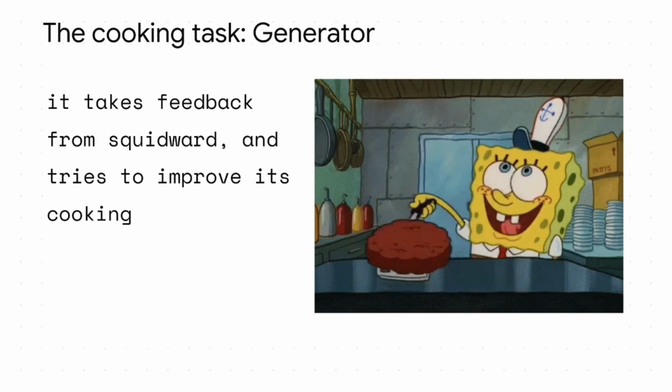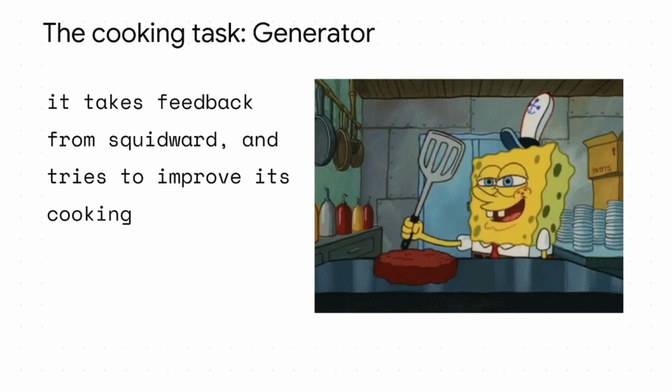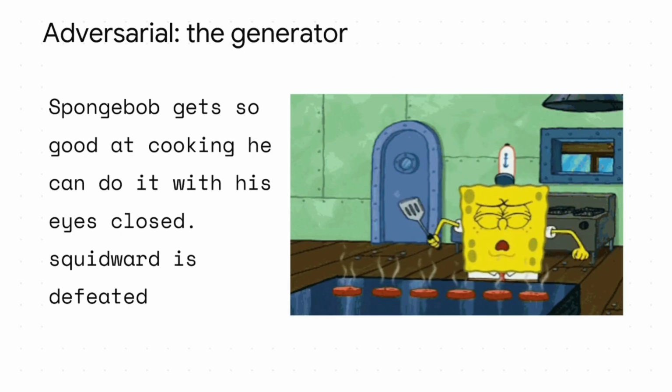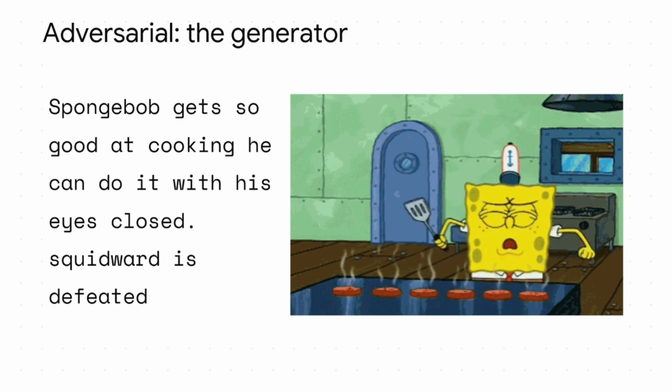All right. So at the end of the day, after the whole back and forth, SpongeBob learning from his mistakes, picking up the feedback, somehow he learns. He gets so good at making this golden burger that he can even do it with his eyes closed, right?